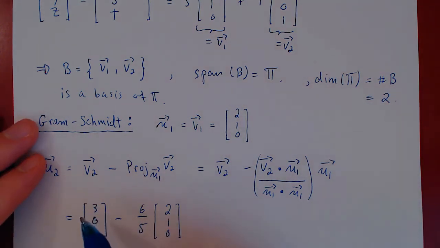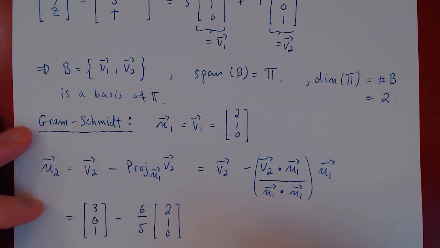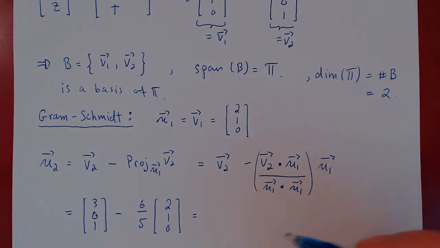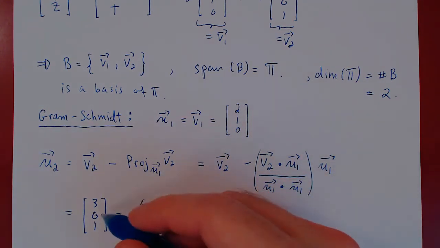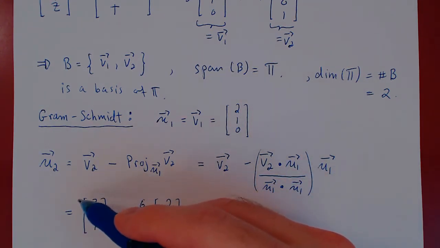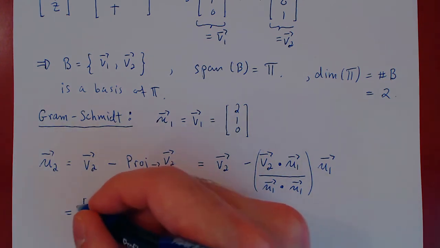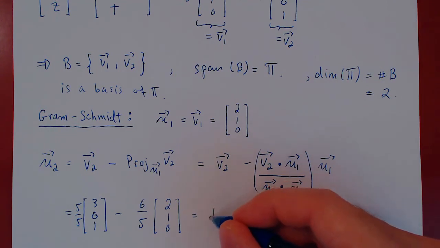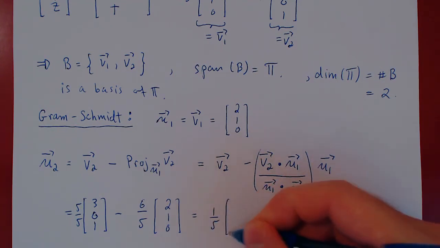And now let's just compute this, and we'll have the second basis vector for our new orthogonal basis. Well, this is over 5, so let's factor the 1 over 5. And you want here to have an over 5, so multiply by 5 over 5. Leave the 1 over 5 outside, and now find the three components.